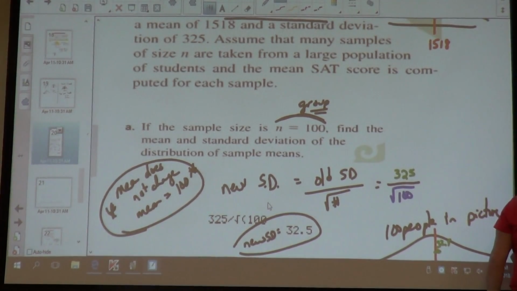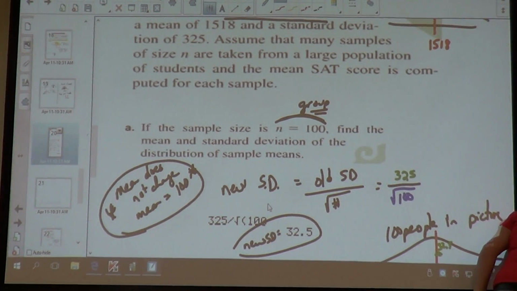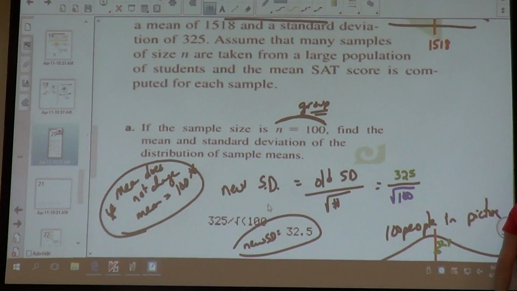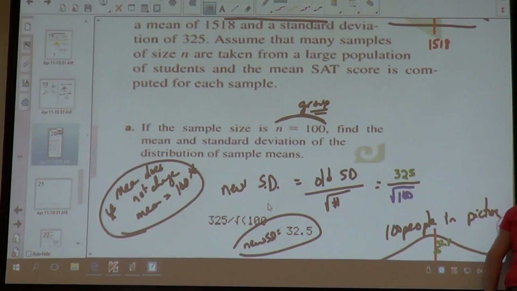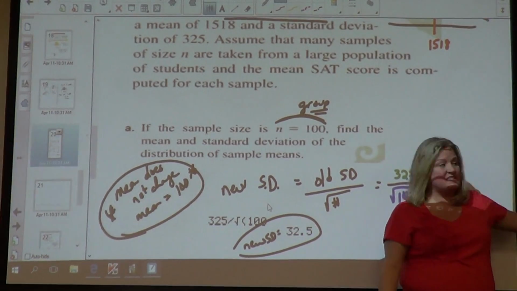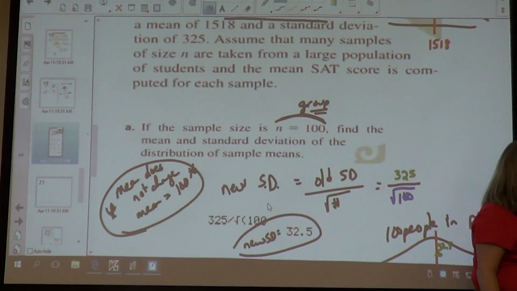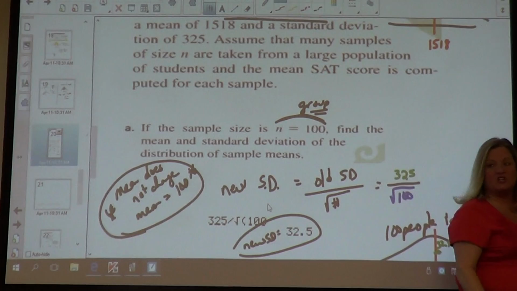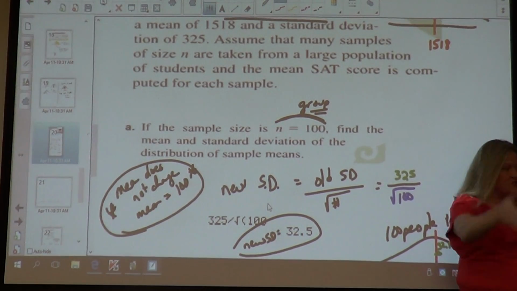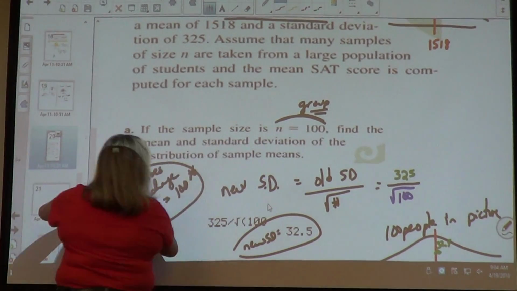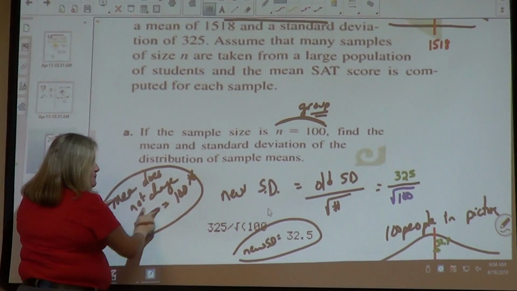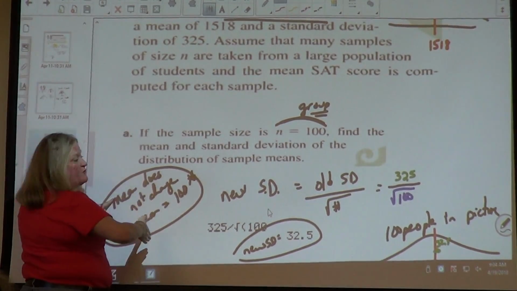So my mean still stayed the same. My standard deviation went from 100, let's say, to 2. So my standard deviation is going to change, but my mean never does. The center of the picture is still going to be the center of the picture. So for this problem, your mean does not change. Your mean is still going to be whatever it was in the middle.